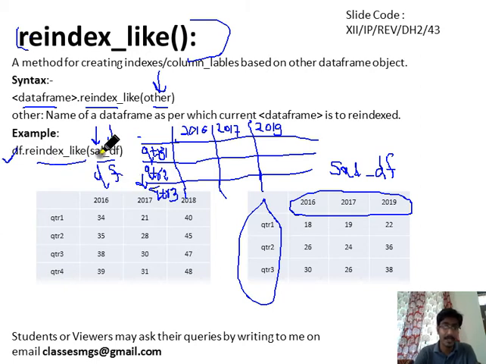This is the important thing. The structure of which data frame will be copied? The new data frame gets the structure of cell_df, while the data will come from the original data frame. So qtr1 2016, how much value? 34, so 34 will come. qtr1 2017, how much value? 21, so 21 will come. qtr1 2019, there is no such column in the original data frame, so it will be NaN.